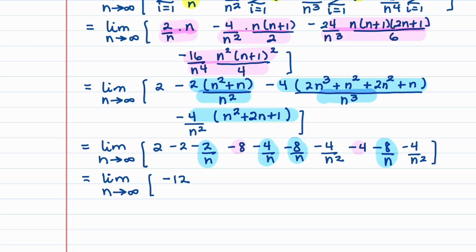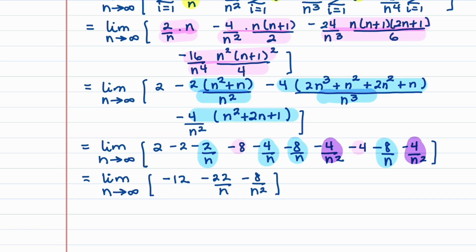So let's see. That is minus 2 minus 4 is minus 6. And then we have a minus 16. So this is minus 22 over n. And then our last terms, we have a minus 4 over n squared and a minus 4 over n squared. So this is minus 8 over n squared.